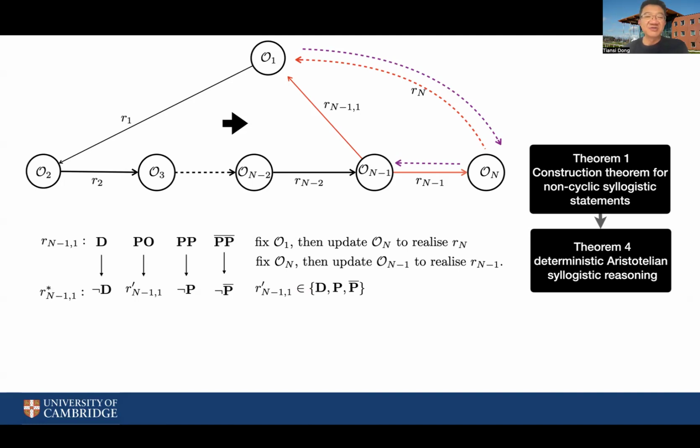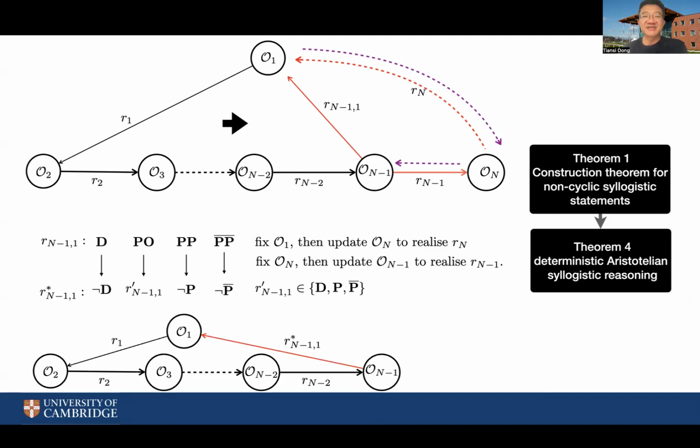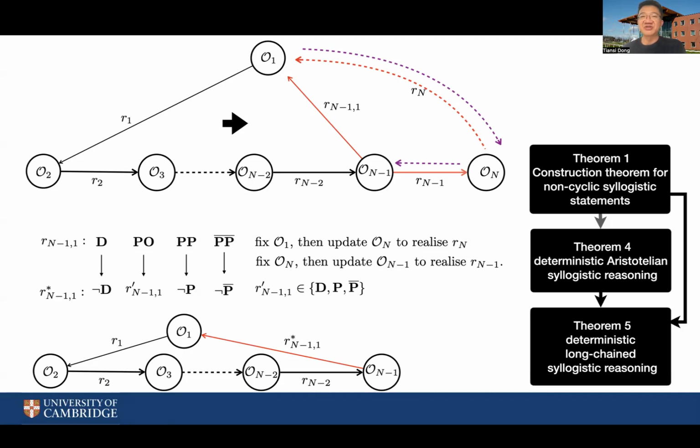Then we just reduce the case into the n minus 1 case, and then we can continue the backward update. Finally, we reduce to the case of 3, and we know all this process is deterministic. And then we proved our theorem that for long-chained syllogistic statement reasoning, our sphere neural network also needs only one epoch.